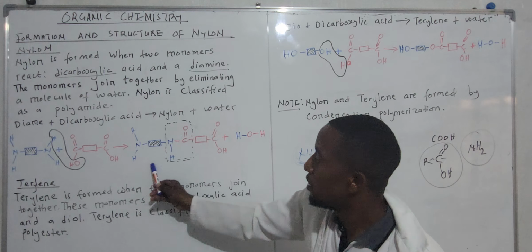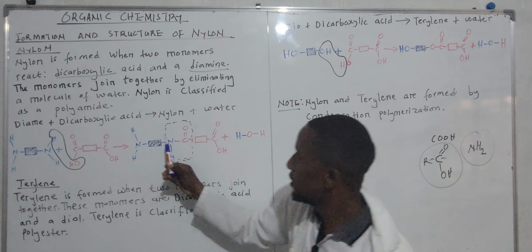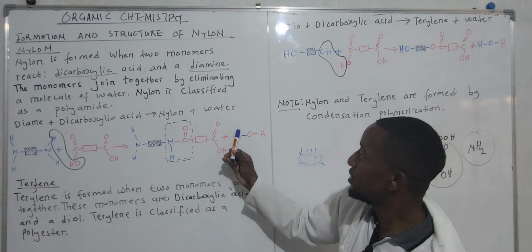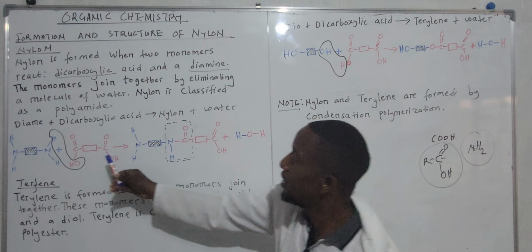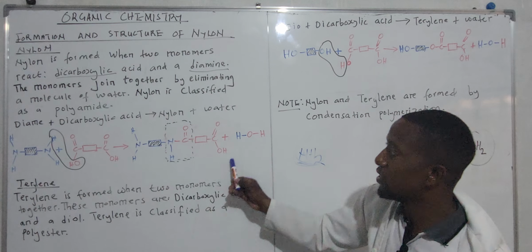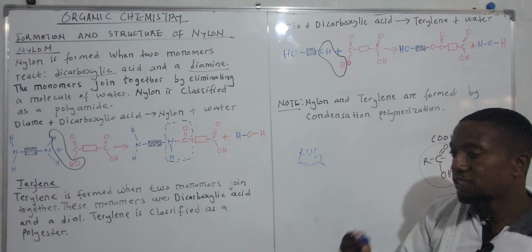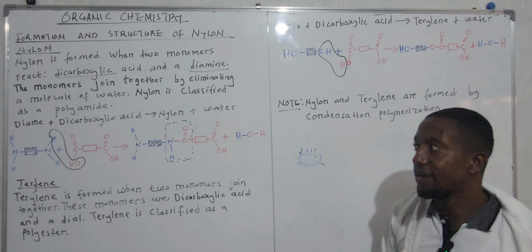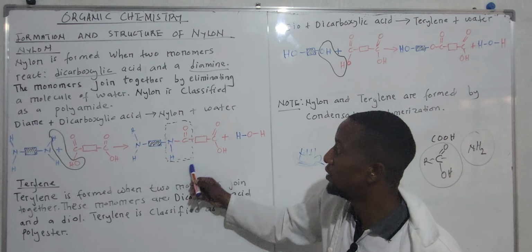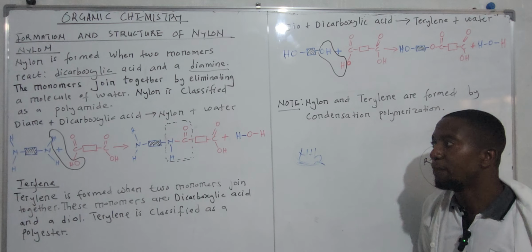The amine has lost a hydrogen, that's why it only has one hydrogen here, and the other hydrogen is on this side. Then we attach the dicarboxylic acid. This is the structure of nylon. A nylon is classified as a polyamide because of this amide linkage.